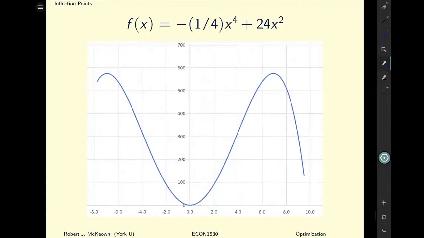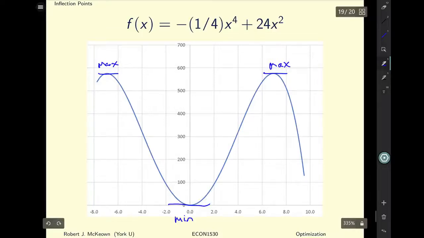Here's the diagram. So we've got a max, we've got a max, we've got a min, and we've got 2 inflection points.